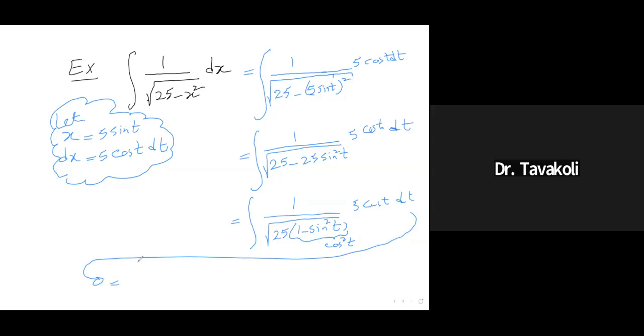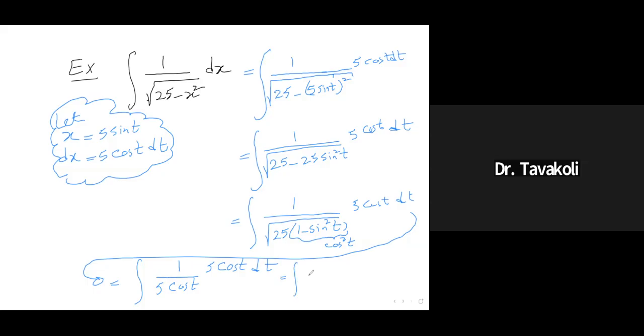So I have the integral of 1 over radical 25, which is 5. Radical cosine squared is cosine t. And on the top, I have 5 cosine t dt. So now we can simplify this easily, right? 5 cosine t and 5 cosine t cancel out.